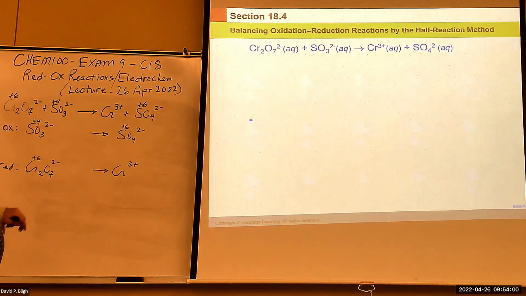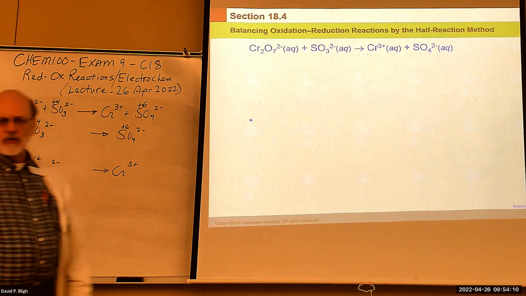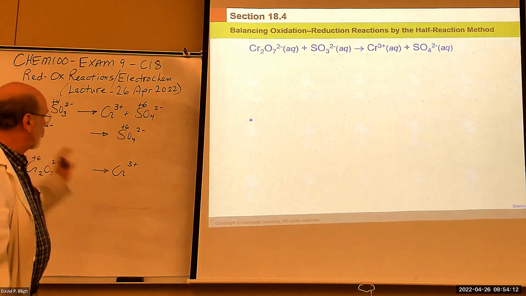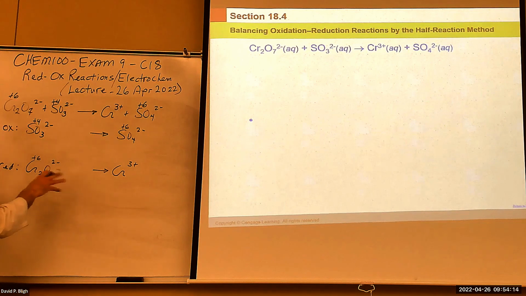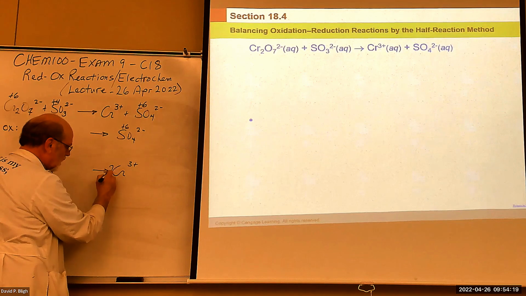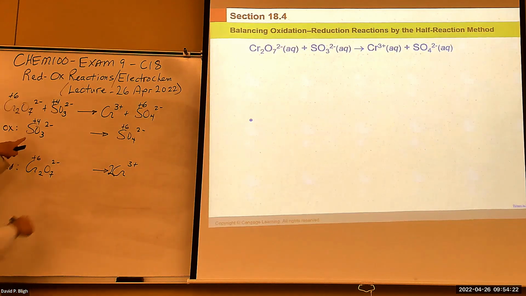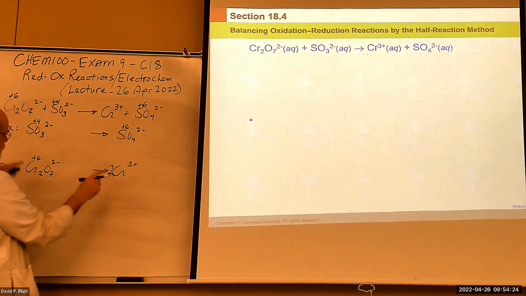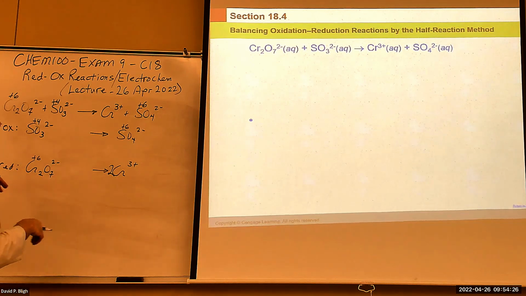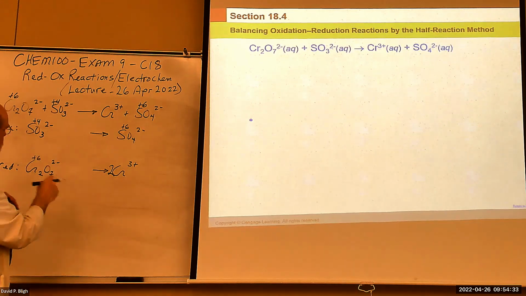Okay, so let's go ahead with the oxygens. Well, we balance the non-oxygen, non-chromium first. This one has 2 chromiums on that side. We need 2 on this side. 1 sulfur, 2 chromium, 2 chromium. Okay, now we can balance the oxygens. I'll stick to the rules the way they're written.